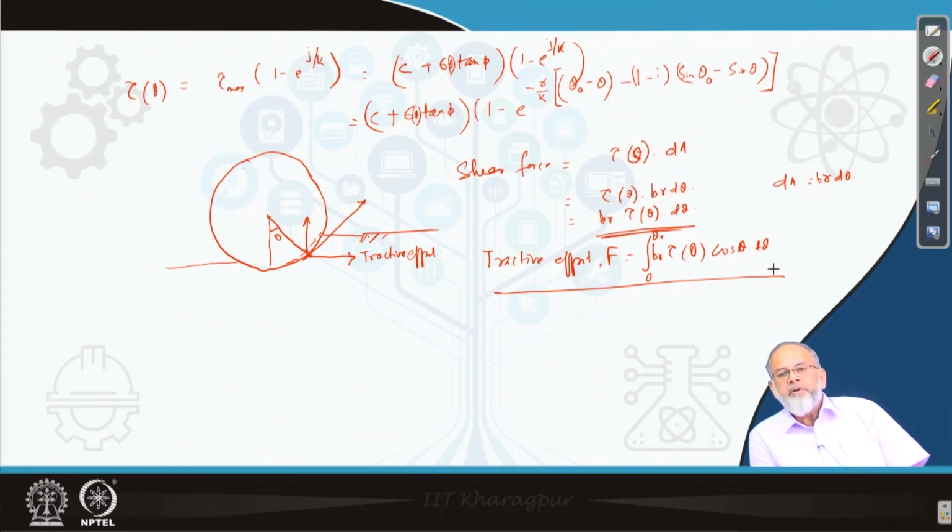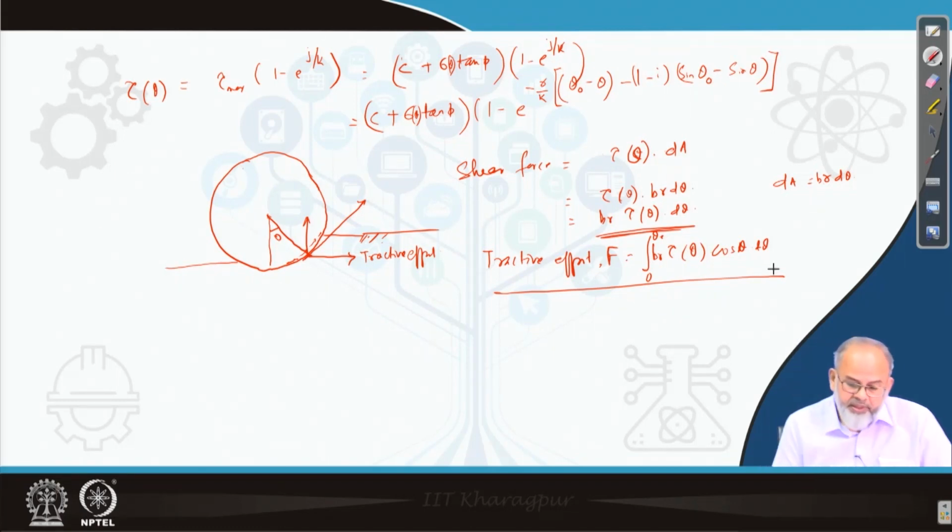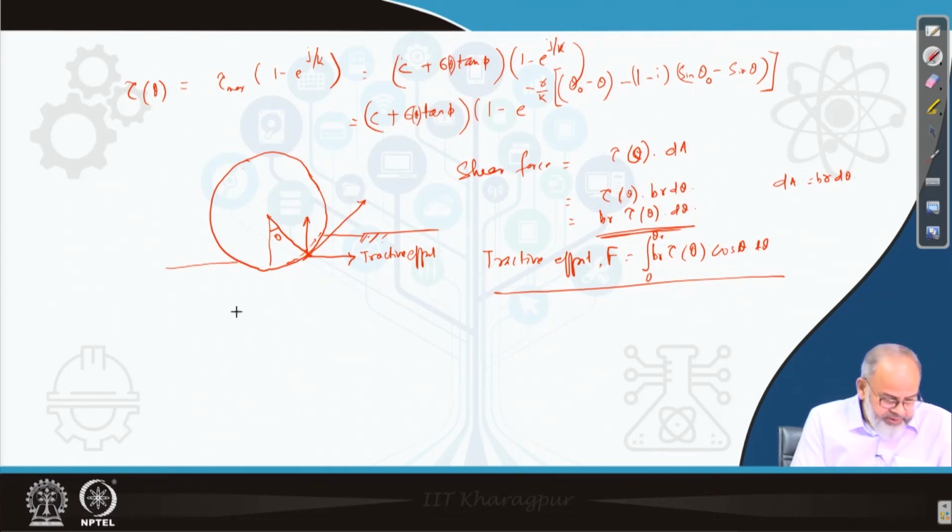Now, while evaluating the performance of a powered rigid wheel, in addition to tractive effort, we have to find out other parameters like the drawbar pull, the expression for weight, and the wheel torque. And of course, we can find out the coefficient of traction and the coefficient of gross traction, CGT.